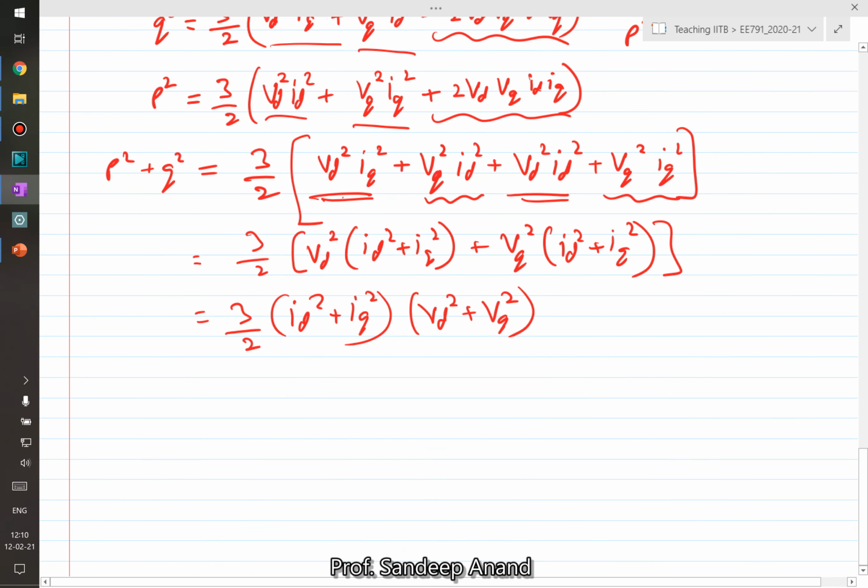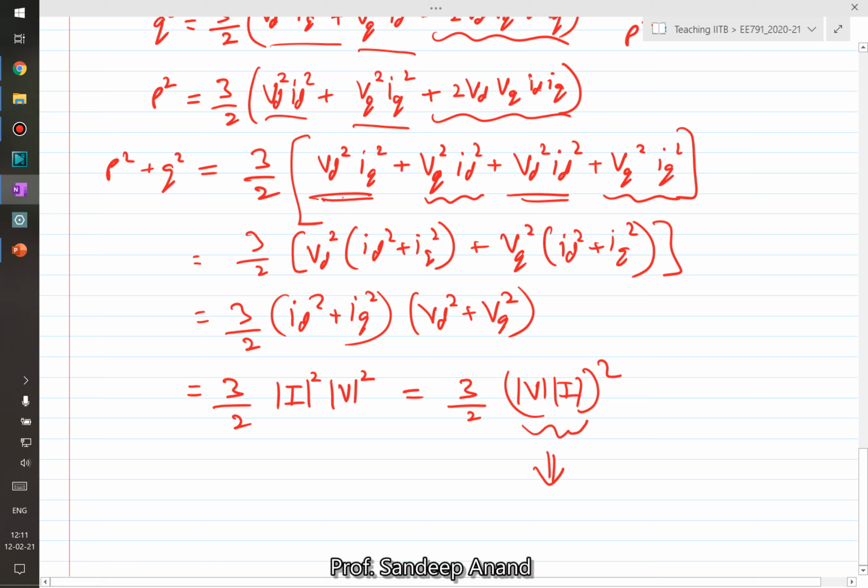This is nothing but equal to 3 by 2 times the magnitude of the vector I squared multiplied by the magnitude of vector v squared. Or rather, you can say this is 3 by 2 times the magnitude of v and the magnitude of I squared. You see, this quantity sort of resembles the apparent power.